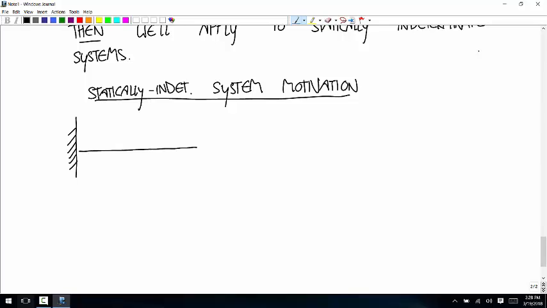If you have a beam like this, and you know the dimensions, and there's a force applied here of 1,000 newtons, you can calculate all the external loads on that beam.